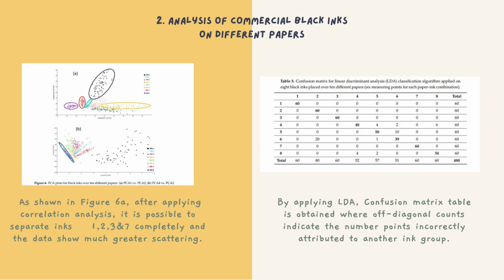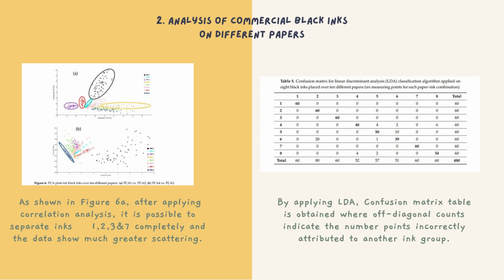The correct classification rate of the examined black inks by applying LIBS and chemometrics was reduced from 100% to 89% when involving 10 different paper types.